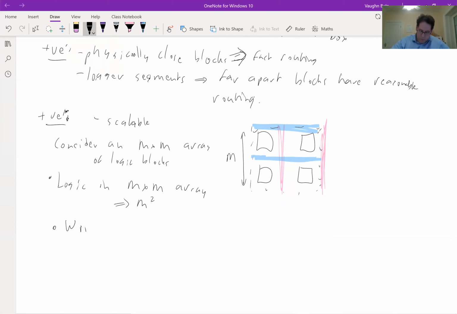Now I want to know how much wiring I have, wires leaving or entering this, on the edges here. If I add all these wires up, how many are there?